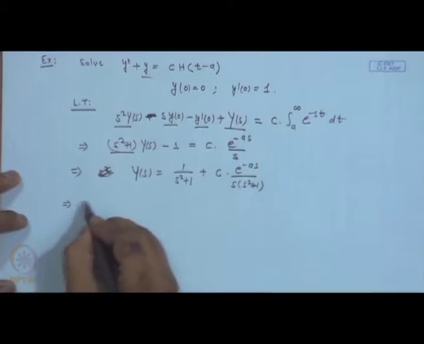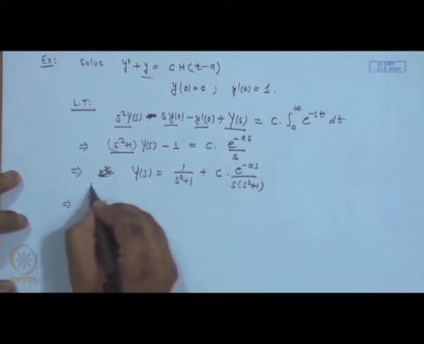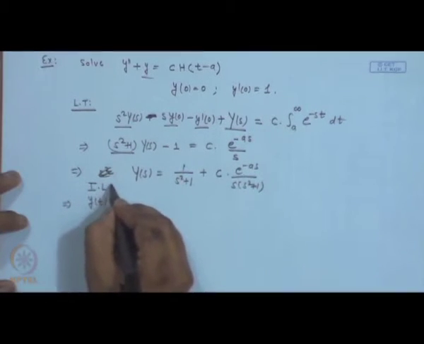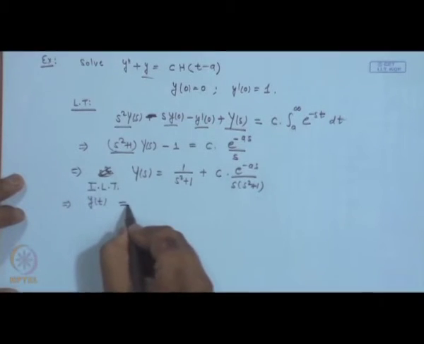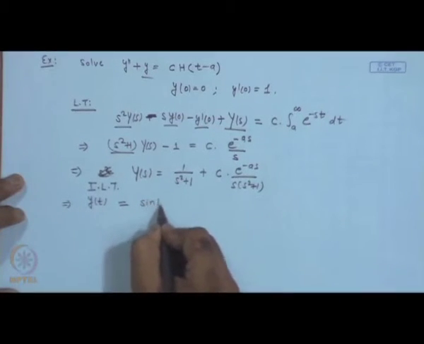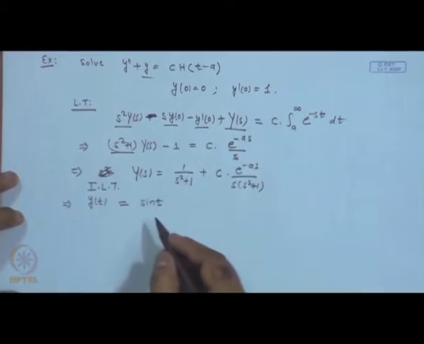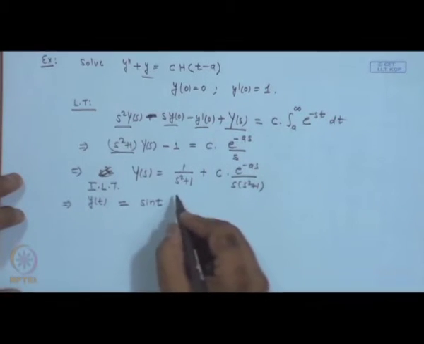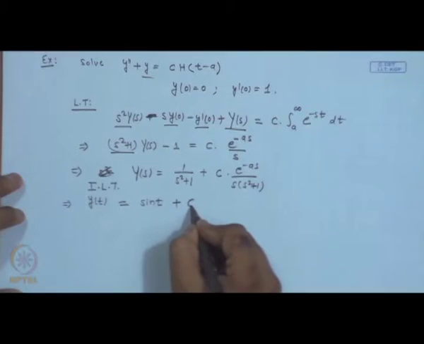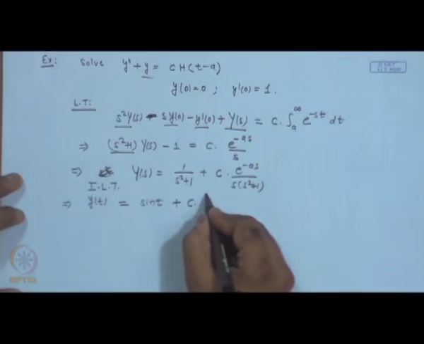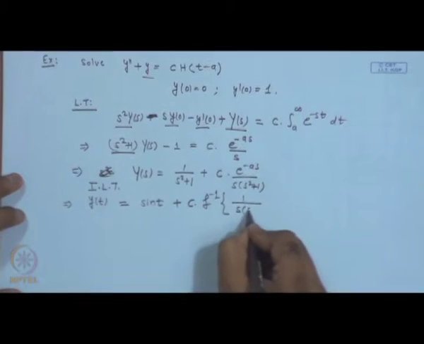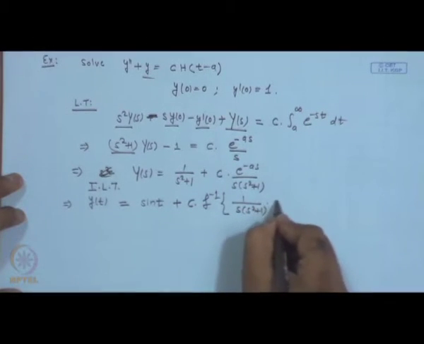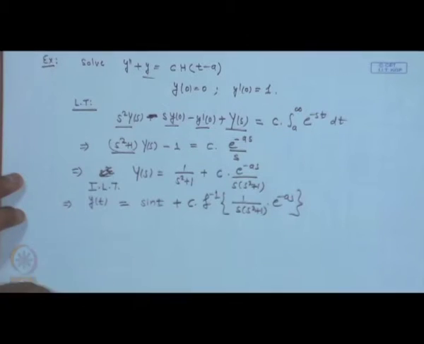And now the last step, we need to take the inverse Laplace transform. That will give us y(t) equal to sin t, the Laplace inverse of 1 over s square plus 1, and then we have a constant term here, and the Laplace inverse of 1 over s times s square plus 1 and e power minus a s.